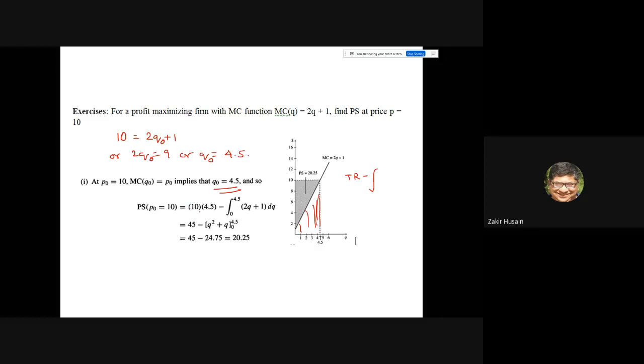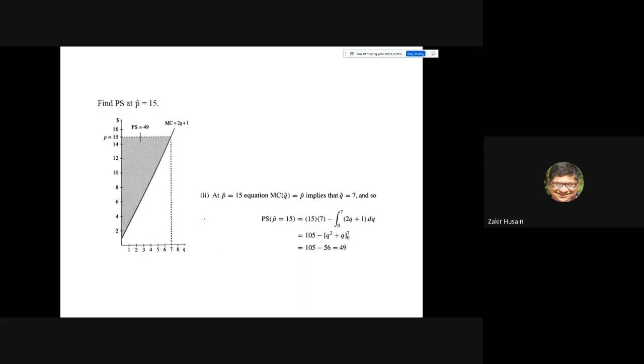So here they've taken the total revenue part. So 10 into 4.5, price into quantity, minus the integral from 0 to 4.5 of 2Q plus 1. So this is Q square plus Q from 0 to 4.5, and this turns out to be 24.75. So this is the producer surplus.